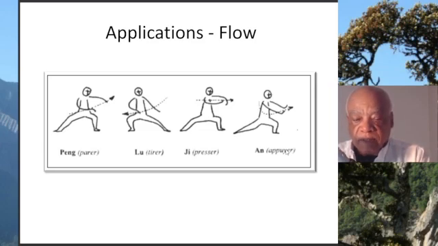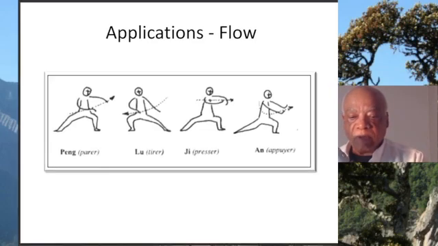The key here, I'd like to point out, is that this particular motion was originally the first basic motions of Tai Chi, and were practiced for many, many years, and then other movements were added on.